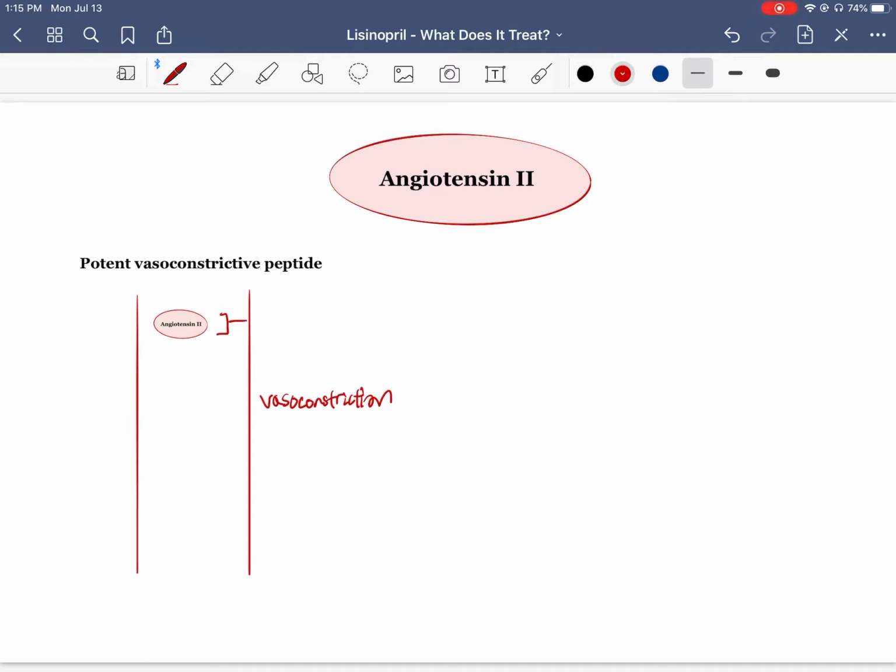Again, vasoconstriction is when the blood vessels are narrowed. As the blood vessels narrow, this increases the resistance of the blood vessels in which the angiotensin is present, thus increasing the blood pressure in the blood vessel.